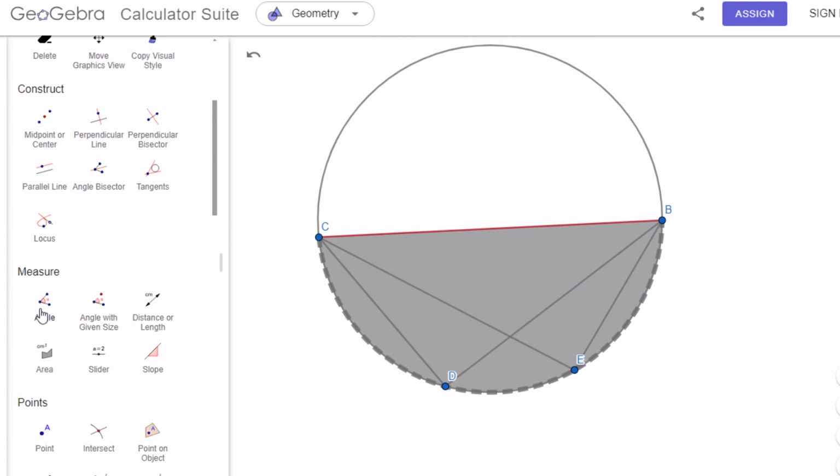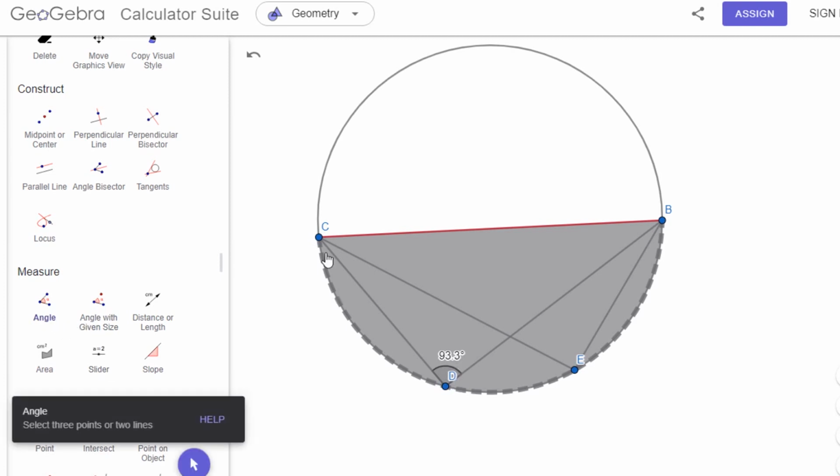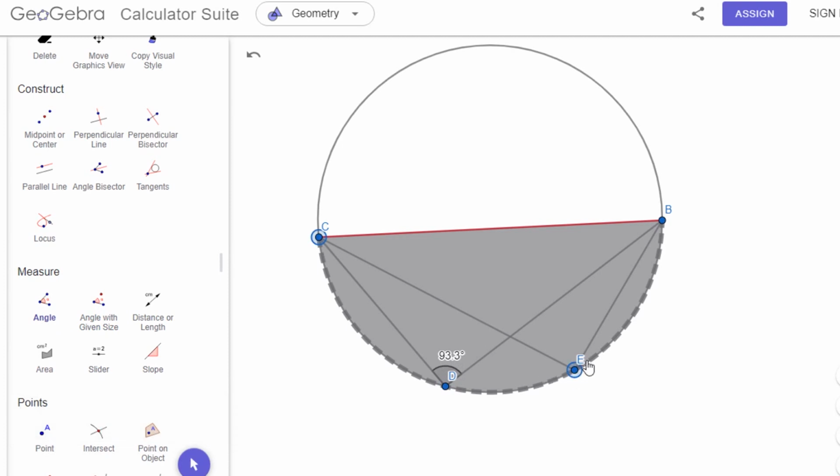Let's measure angle ADB. And what is it giving us? It's giving us 93.3. Let us also measure angle CEB. And as you can see, it also gives us 93.3. So this is basically what the theorem says.